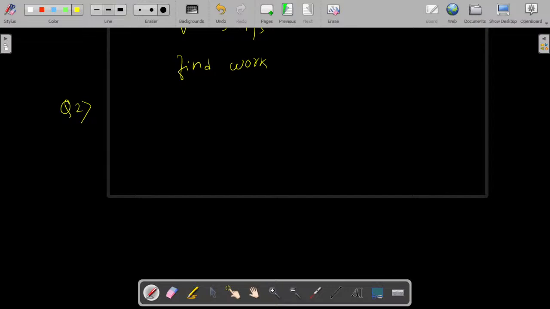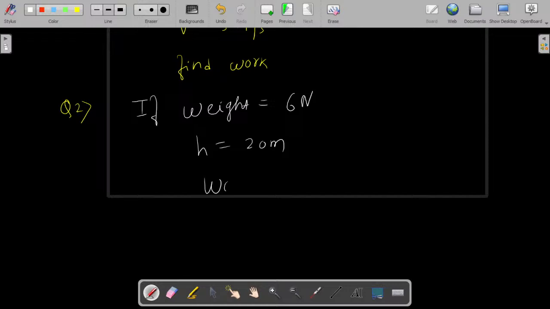If weight is equal to 6 Newton, height is equal to 20 meter, find work. So which formula you have to use? Work is equal to weight into height. That is formula number 3.